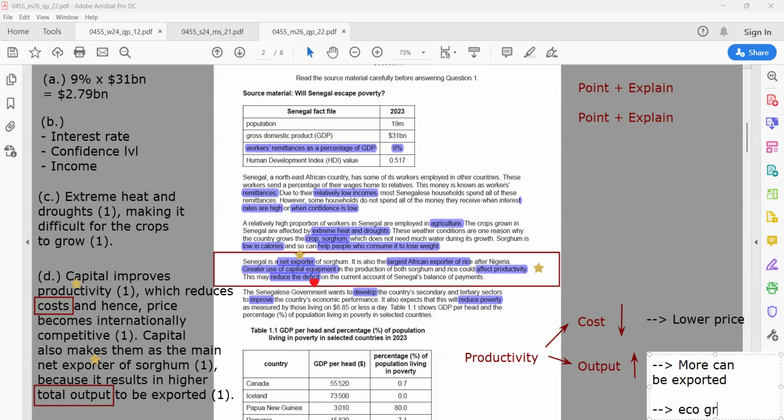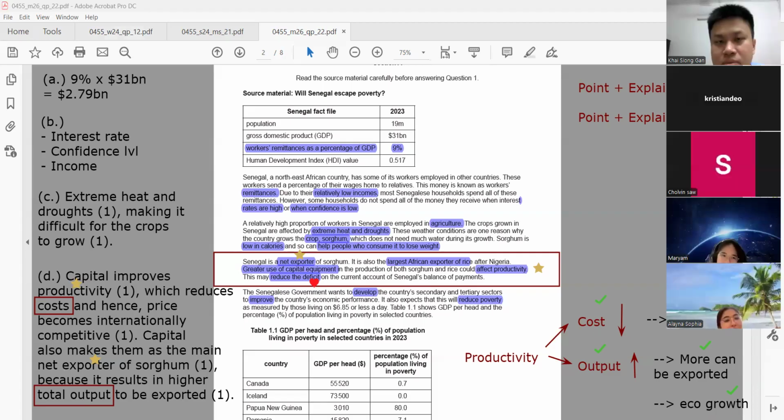These are your elaborations for you to score higher in your discussion question. So you see, it's a very good answer. You extend, you talk about the impacts of productivity in terms of cost and output, and then you elaborate more. This results in lower price, more can be exported, achieving economic growth, and so on. So these are some tips for you.